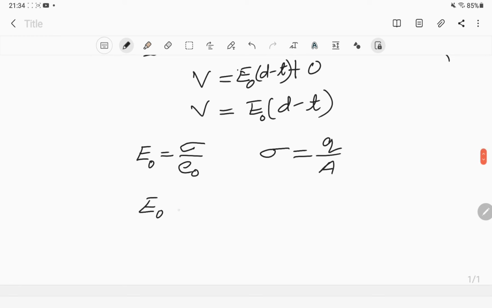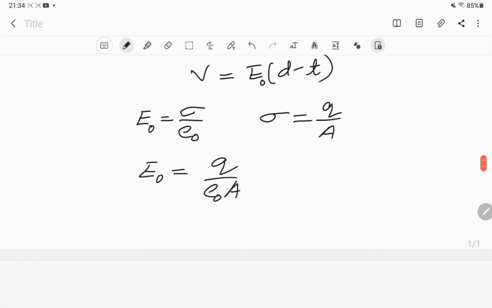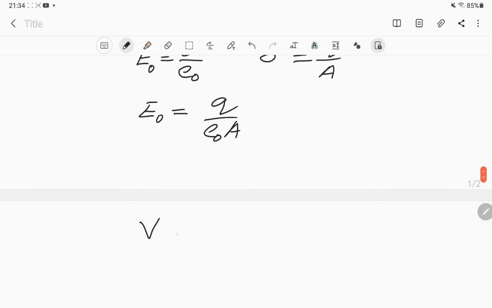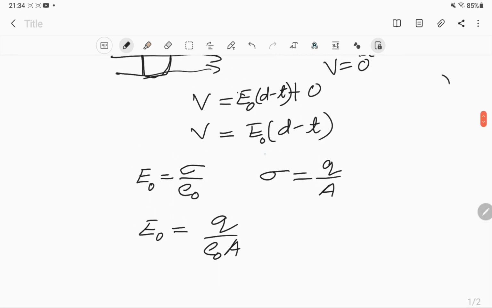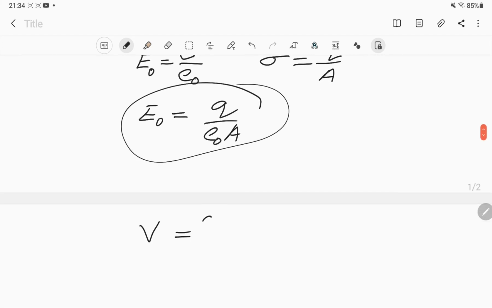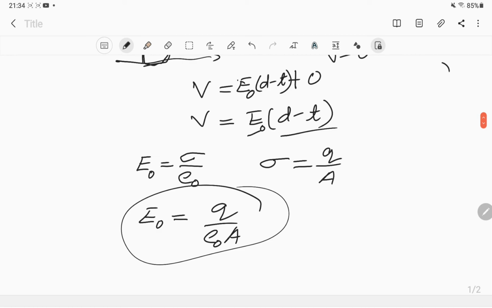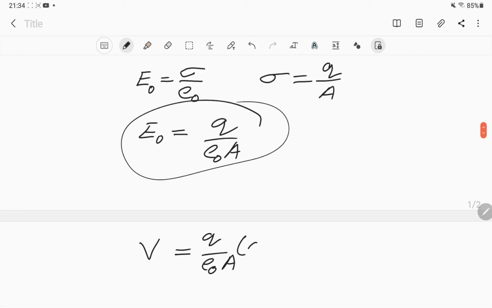So E naught equal to sigma by epsilon naught means Q by epsilon naught A. Now V is E naught into D minus T, so V equals Q by epsilon naught A into D minus T. So this is the potential.